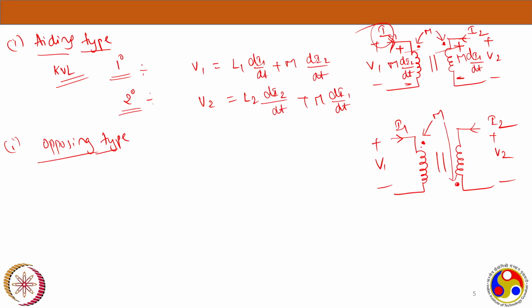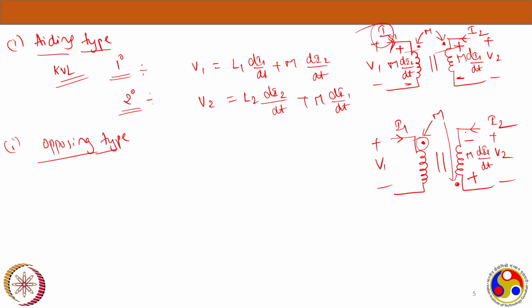The current is entering coil 1 at the dot. It will induce a voltage in coil 2, which is M dI1 by dt, with a positive terminal at the dotted terminal. You will have the positive at the downside here and the negative at the leftover side.